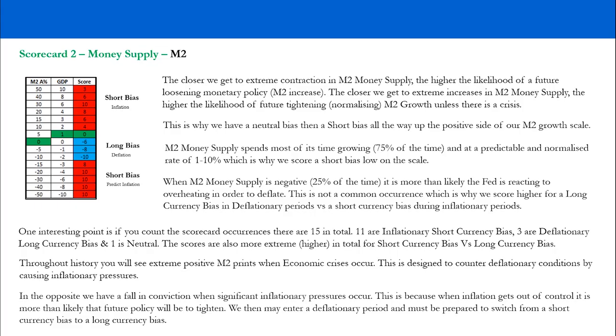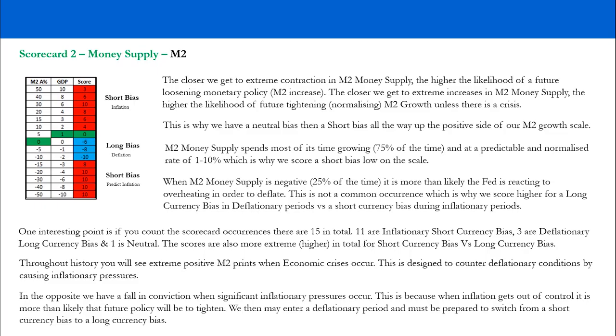Basically, the closer we get to extreme contraction in M2 money supply, there's obviously a much higher likelihood of a future loosening monetary policy, so an M2 increase.